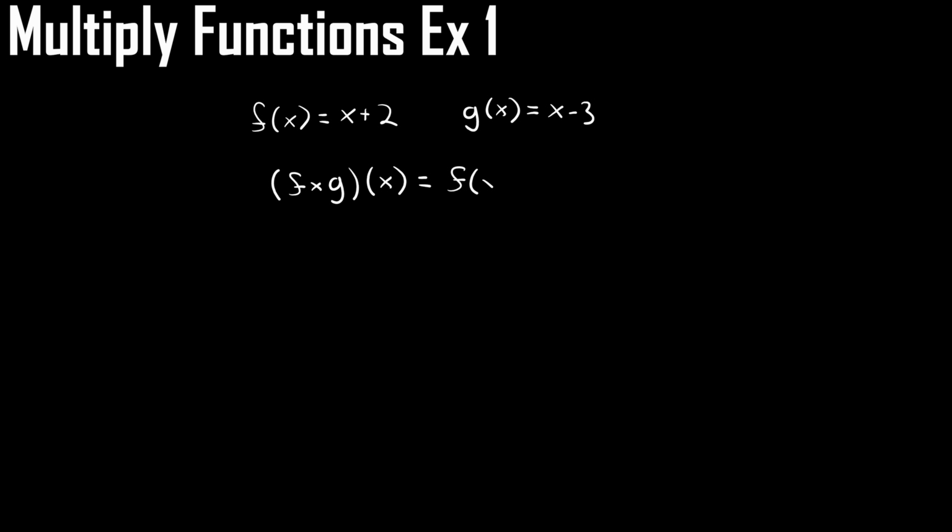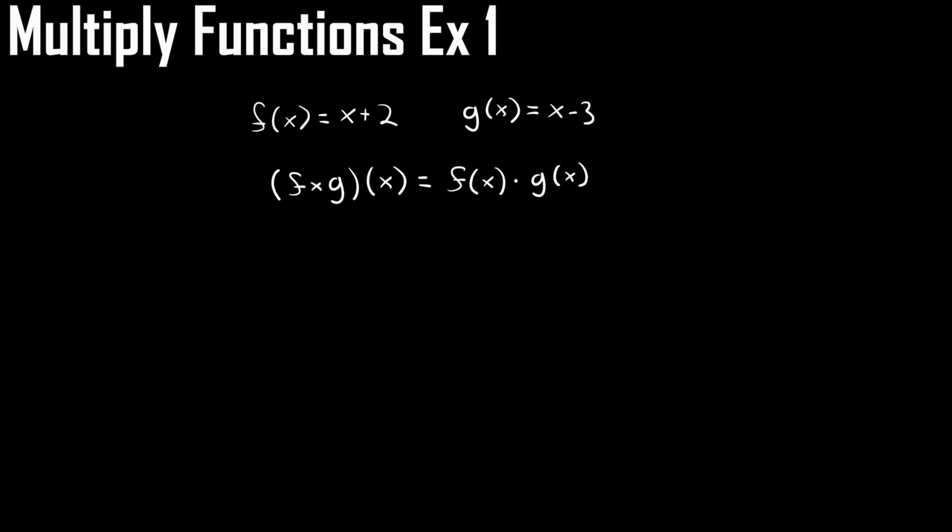So let's start with multiplying functions. Let's say we're given the function f of x equals x plus 2 and g of x, which equals x minus 3. And we want to find f times g of x, which equals f of x times g of x.